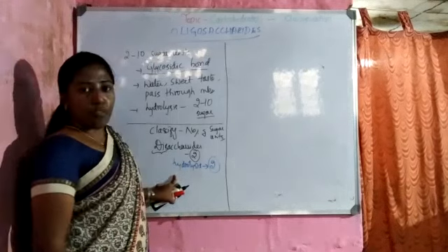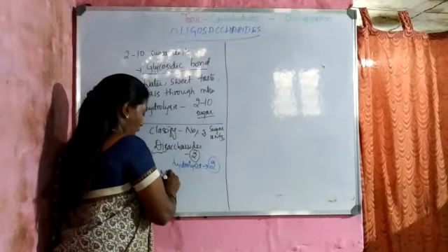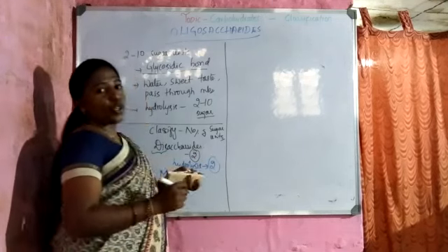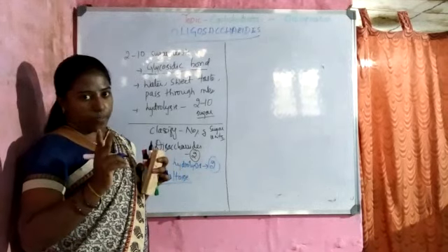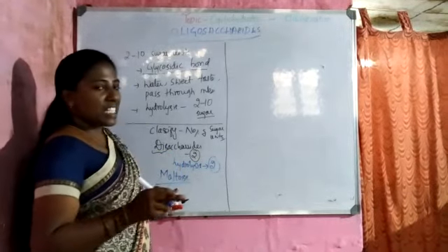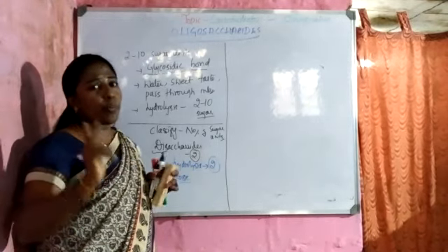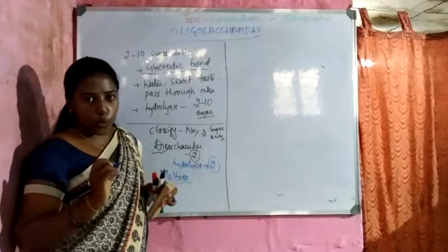One example of a disaccharide is maltose. Maltose is made up of two monomers, that is 2 units of glucose.